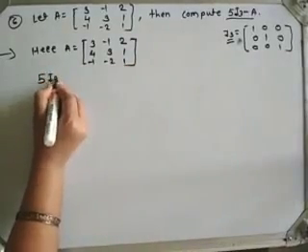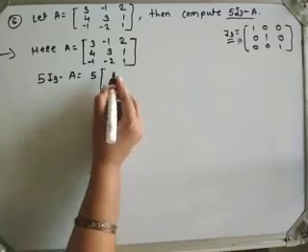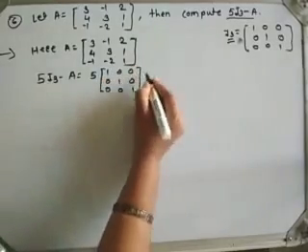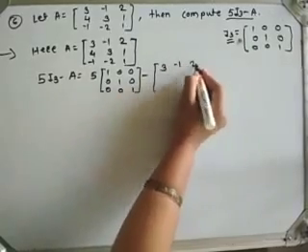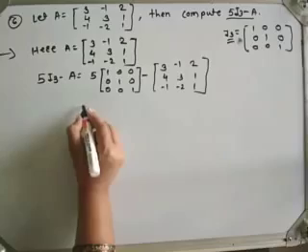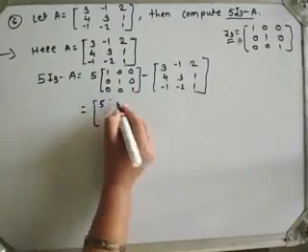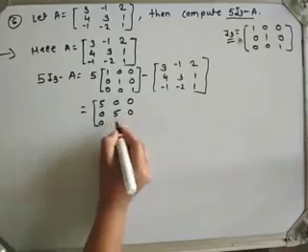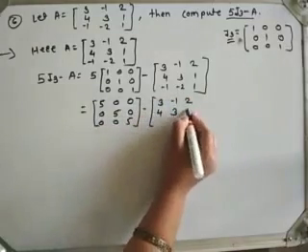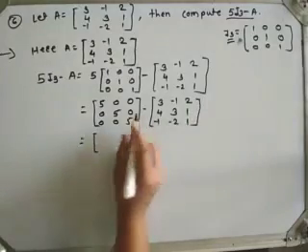What we have to find? 5I3 minus A. 5 into I3, where I3 is nothing but the identity matrix of size 3 by 3, minus A. Multiply each entry of I3 by 5, which is nothing but 5 0 0, 0 5 0, 0 0 5, minus the matrix [3 -1 2; 4 3 1; -1 -2 1].